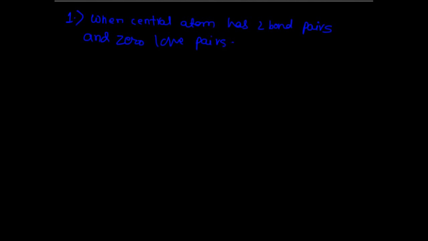now this case is very rare in the case of covalent compounds, because two bond pairs means the atom must share two electrons with two or more other atoms. So this case is very rare, because for this case to be true, a metal should be present, and metal never makes covalent compounds.